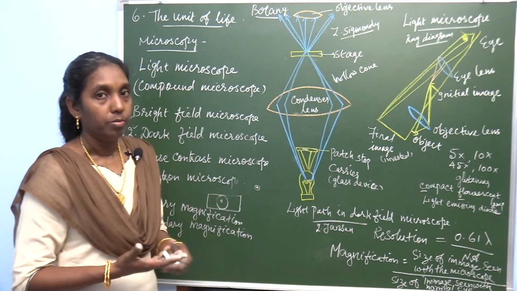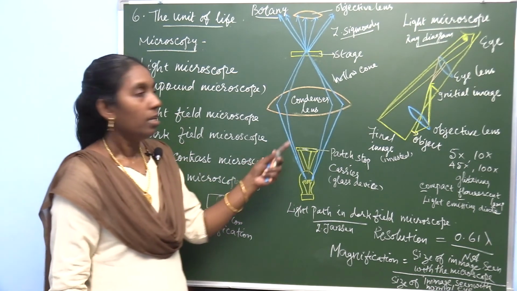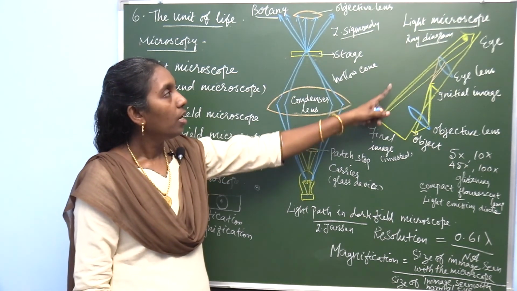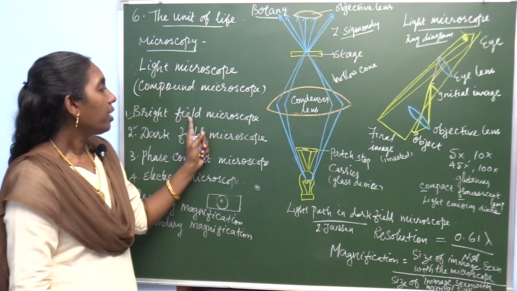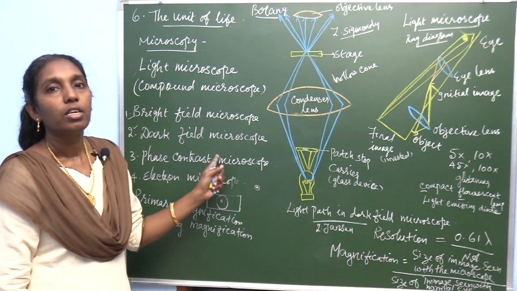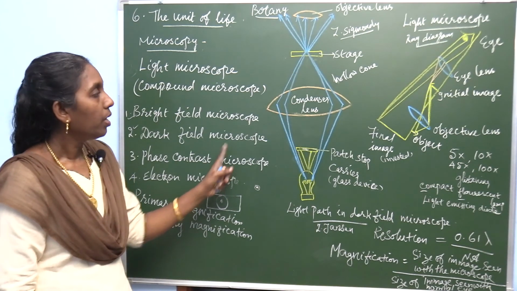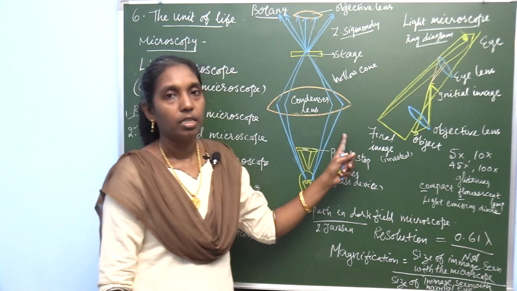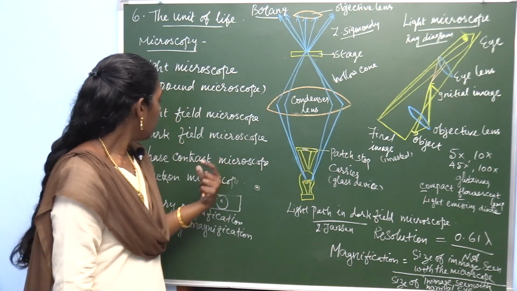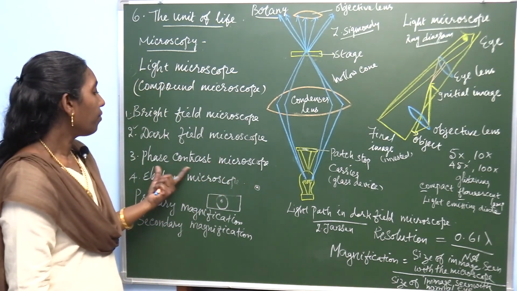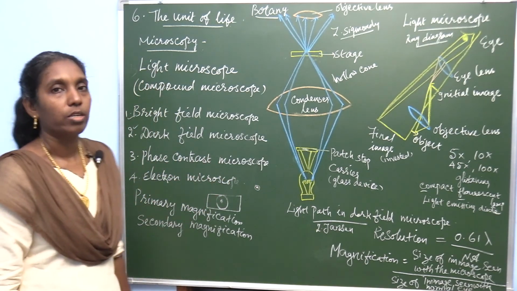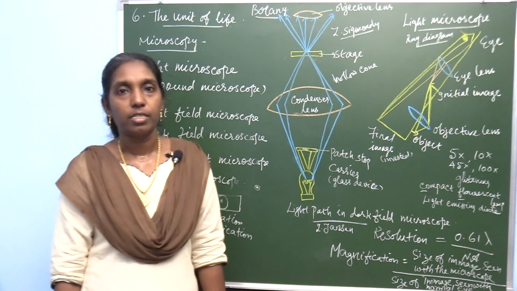Then numerical aperture. Then there are 2 questions, bright field microscope and dark field microscope. Draw these 2 diagrams in the class note. Then 2 more types of microscope are there, phase contrast microscope and electron microscope. Let us see in the next class. Thank you.